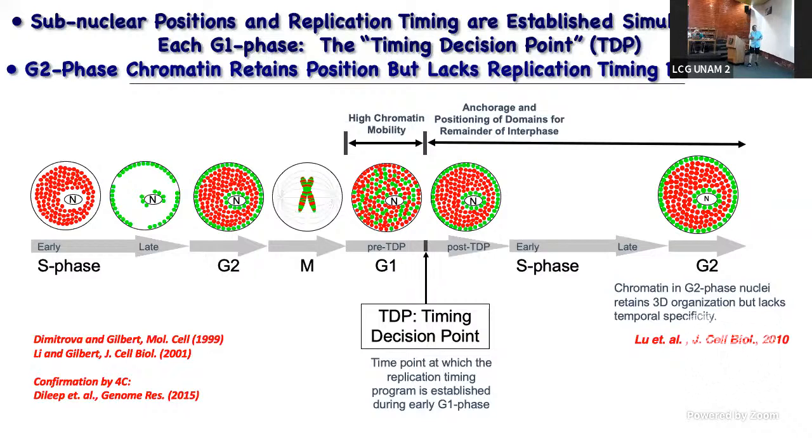So what this tells us, 12 years ago, is that we're looking for some kind of determinant that's assembled at this time in early G1 and is somehow lost during S phase. Probably at the replication fork, something is lost that dictates timing. And we're still looking for something with those properties.